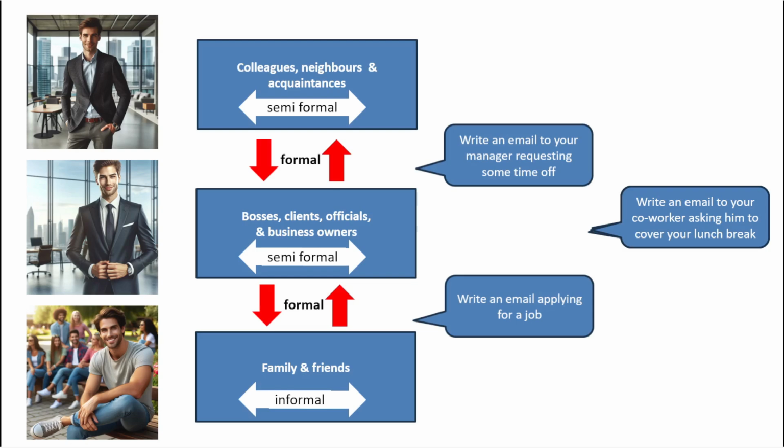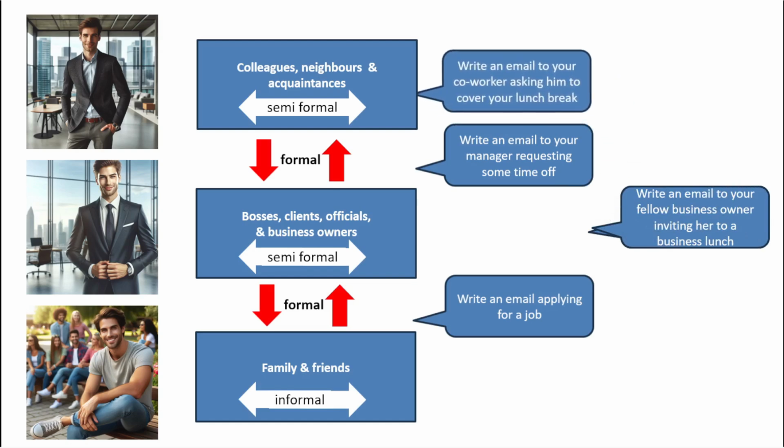In this prompt, write an email to your co-worker. So that's somebody I work with. So that must be semi-formal because I'm writing within my box. An email to a fellow business owner. So that means I'm a business owner and I'm writing to another business owner.